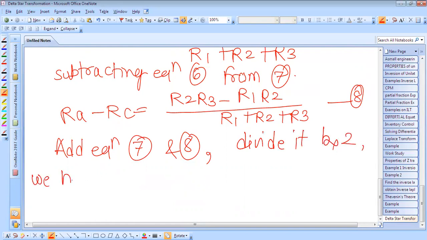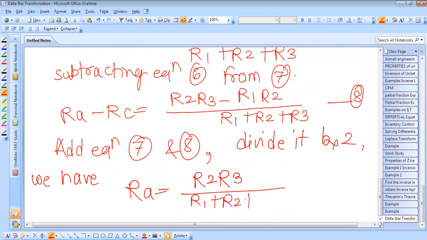We have RA is equal to R2 R3 divided by R1 plus R2 plus R3. So we have got RA is equal to R2 R3 divided by this sum of the three. Similarly, we can write RB and RC.